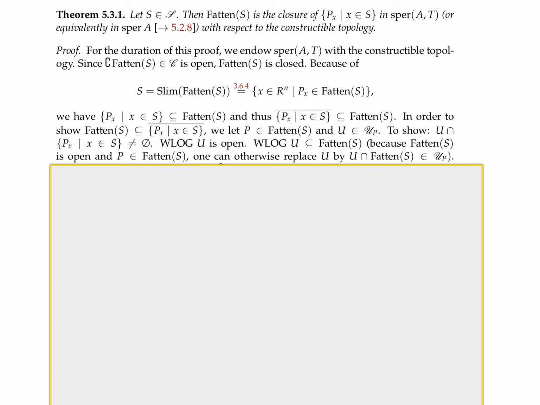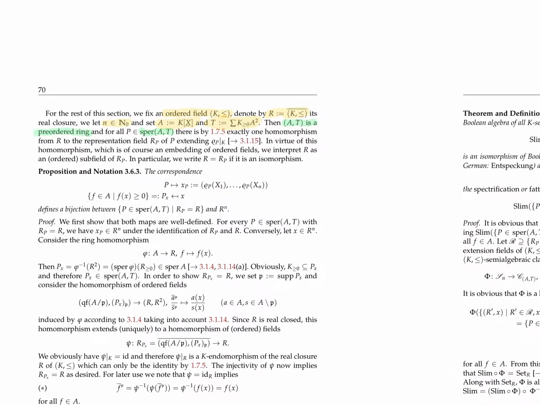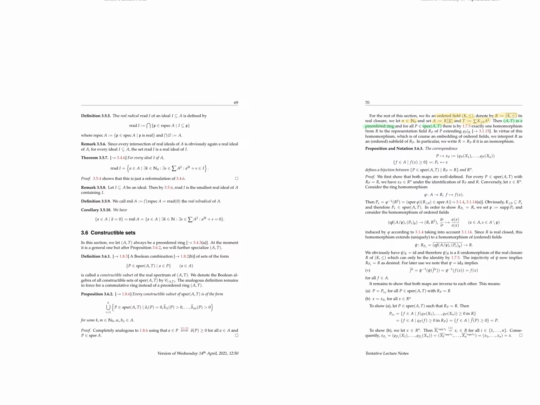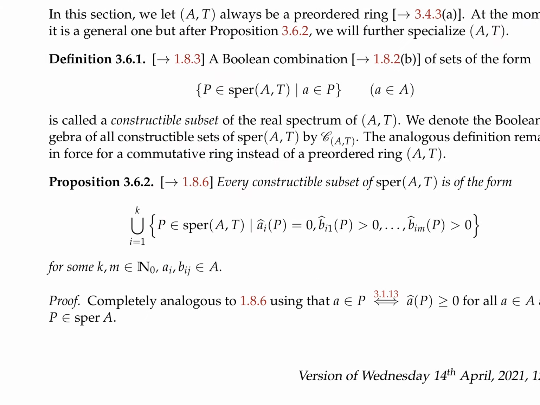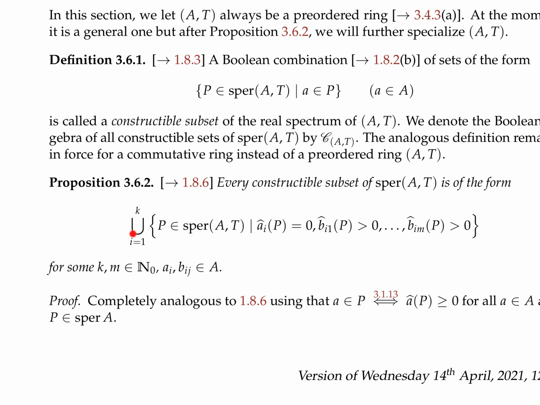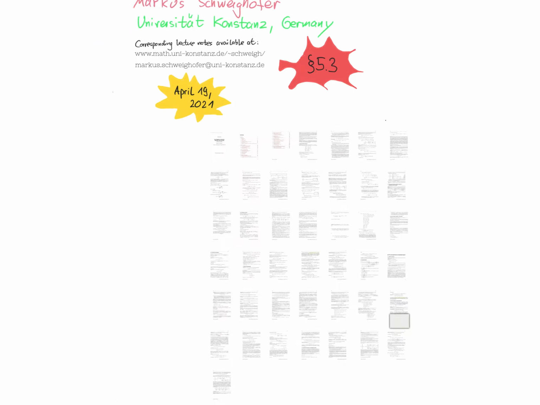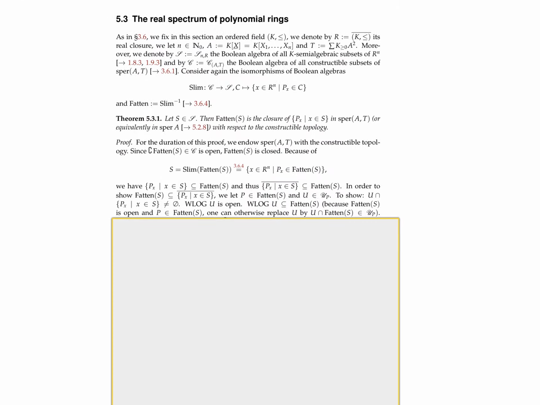And by 362, we know how our constructible subsets look like. Here, right? They look like this. And so I can actually write it in that way also.